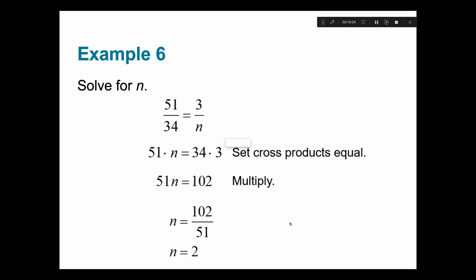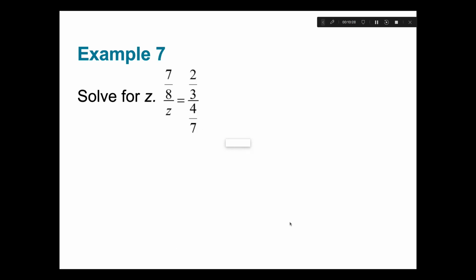Now, of course, it can't just be that easy. We can't just have whole numbers and decimals. We also have to include fraction proportions. If I'm going to cross multiply, I would have 4/7 times 7/8. When I multiply these, I just multiply straight across, right? Is there anything I can cancel before I multiply?